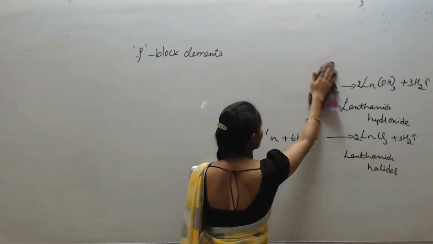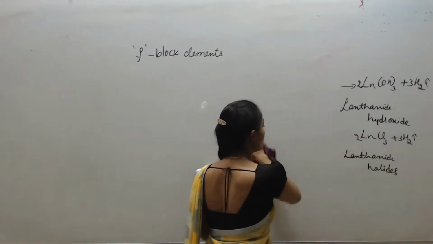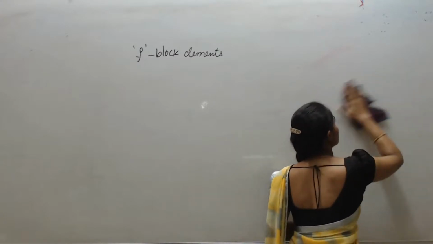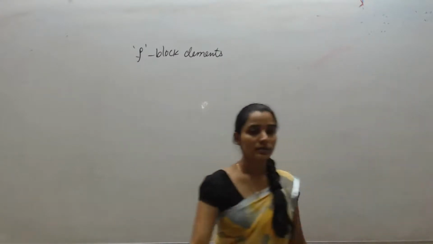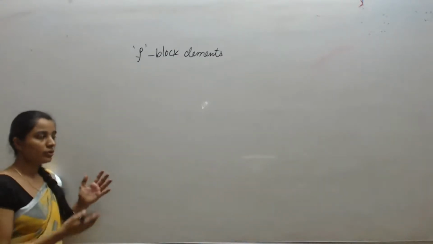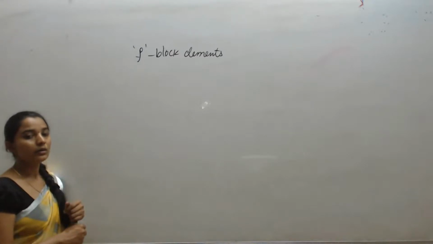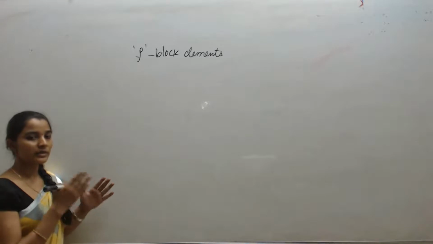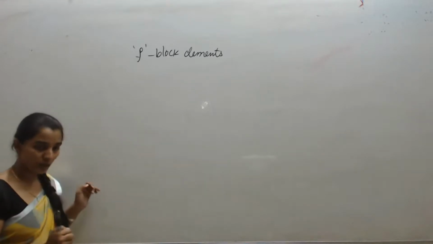And if it comes to electronic configuration, as I told you, students, it is 5f1 to 14, 6d0 to 1, and 7s2. No need to explain the other things. The ionic size also, as I told you, decreases along the period. Everything in the actinide series is like the lanthanides, but only one thing changes.